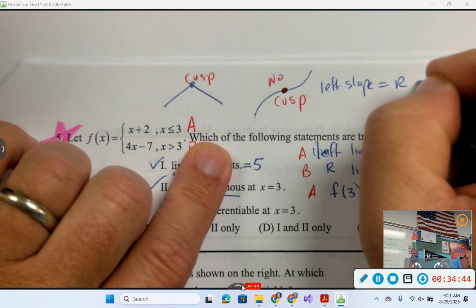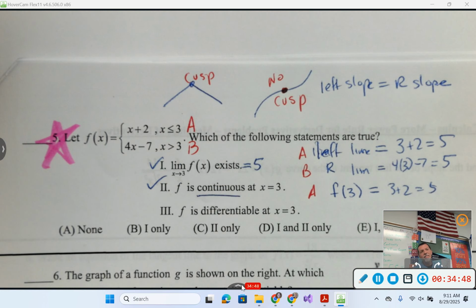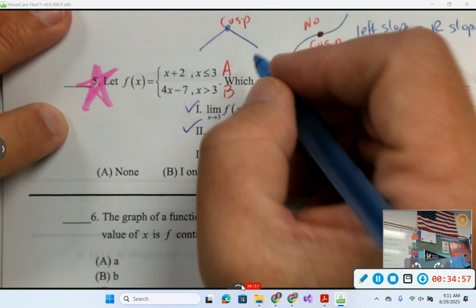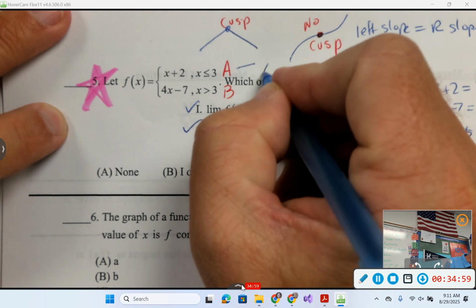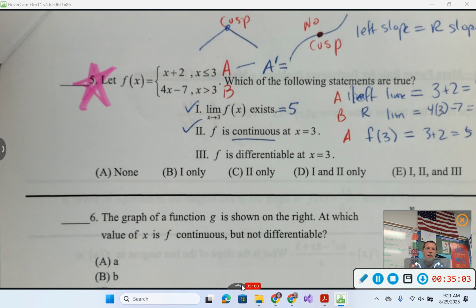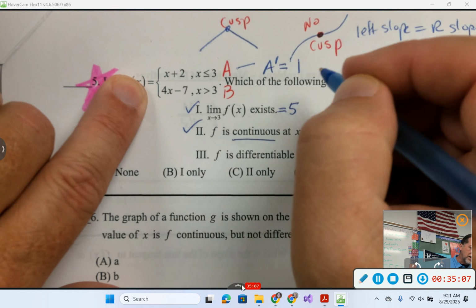Left slope equals right slope. So now I have to take the derivative of both pieces and check to see if their slopes match up. I'm going to call this one A prime since I already labeled it A. That derivative would be just 1.